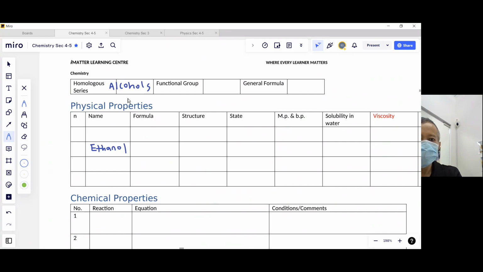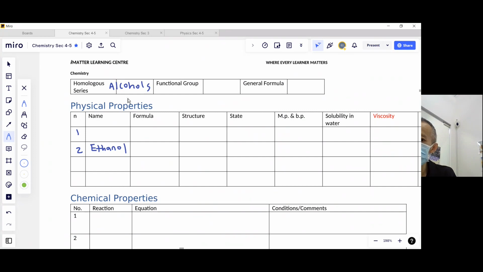You can fill in as well: n is 2, for ethanol the number of carbons is 2. Fill in the name here as well, ethanol. Now, important functional group: how do you know it's an alcohol?